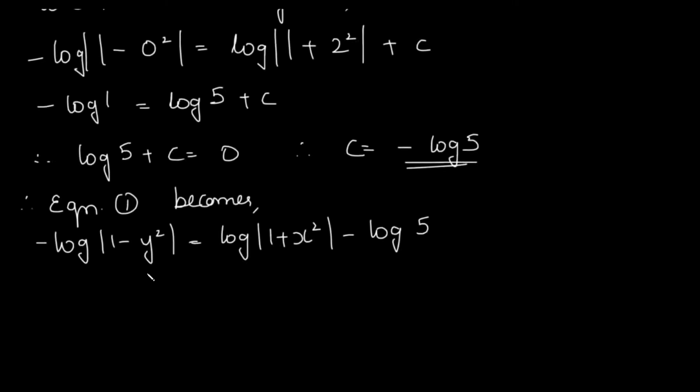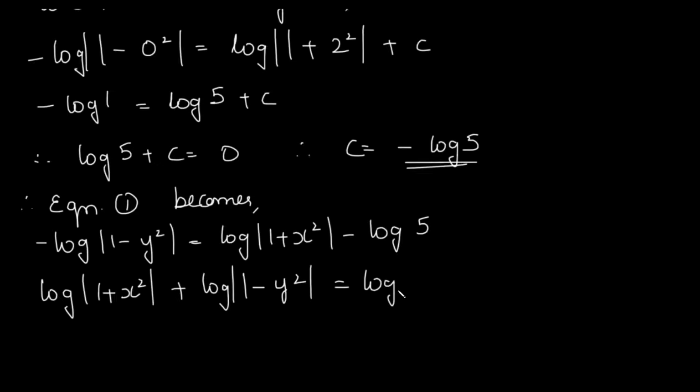This is as good as our answer, but we have to put it in the form that is present in the textbook. So we bring this negative term on one side and take minus log 5 on the other side. So we get log 1 plus x square plus log of 1 minus y square is equal to log 5.